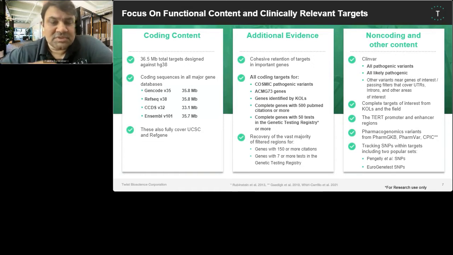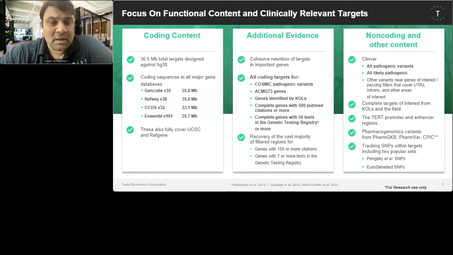This was a collaborative effort from Twist scientists, field scientists, the bioinformaticians, and the voice of the key opinion leaders. We included all the COSMIC pathogenic variants, and all the genes that are part of the ACMG73 genes. Then we included all the genes that have been identified by the KOLs.